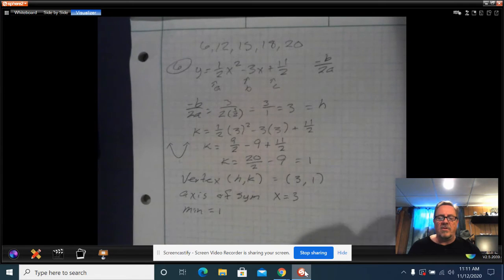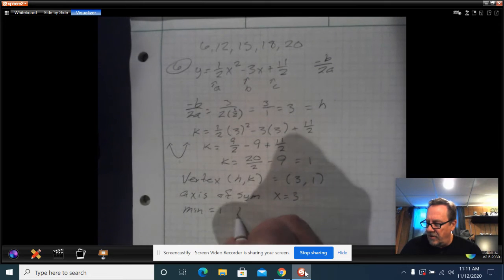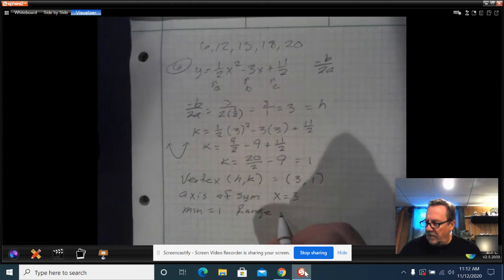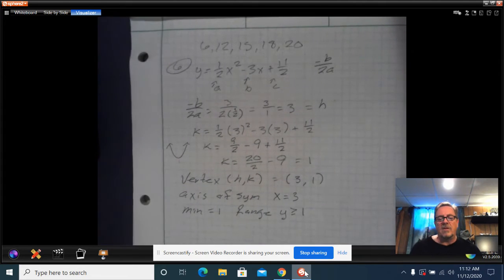It can take on values up to infinity. So if we look at the range for this, you're going to have y values that are greater than or equal to 1, because 1 is the smallest it can be, and then we can go above there as far as we want. Okay, so that's 6.